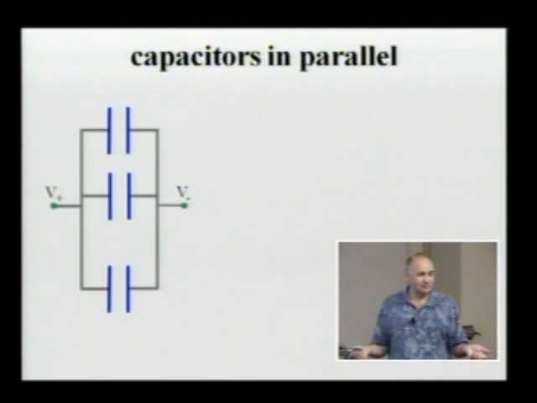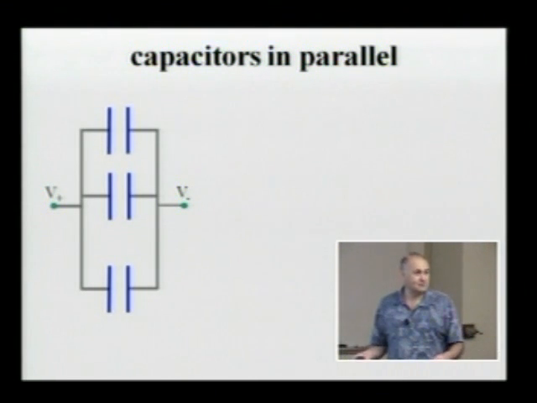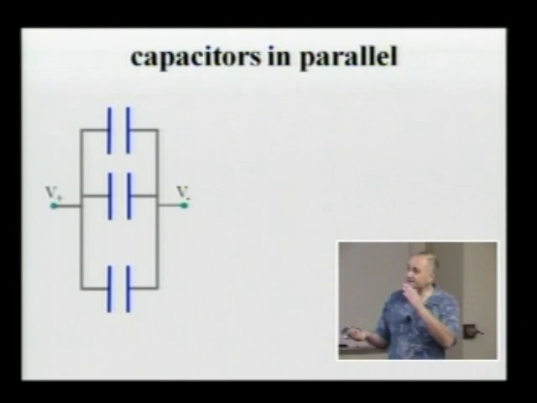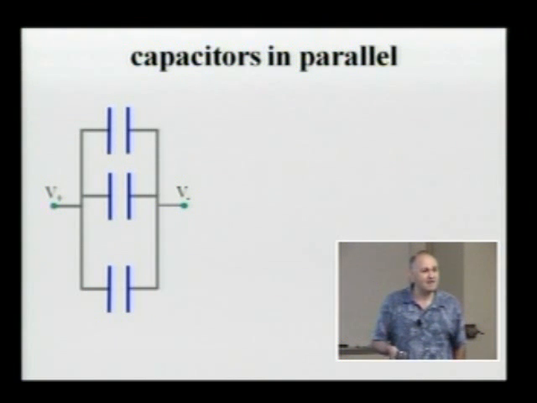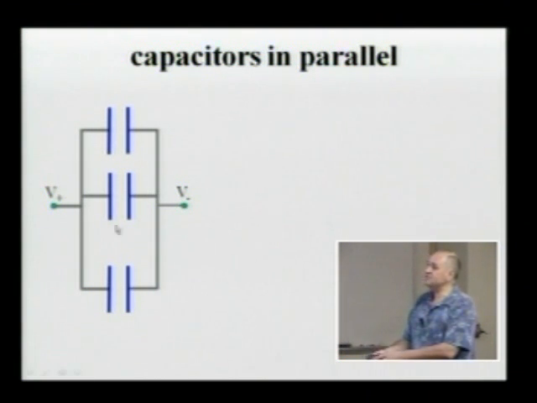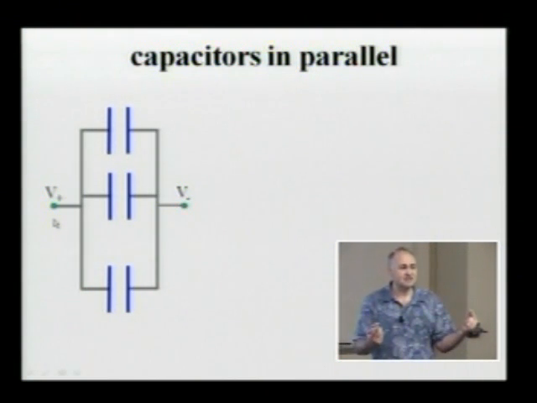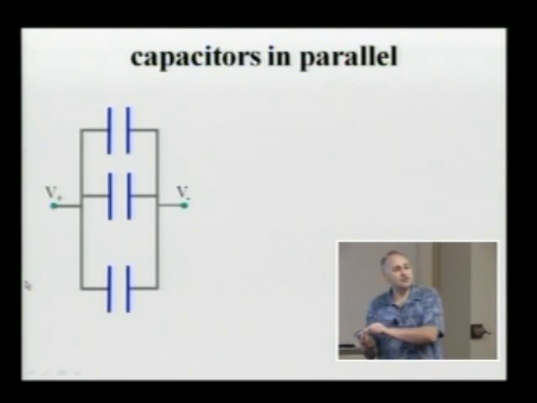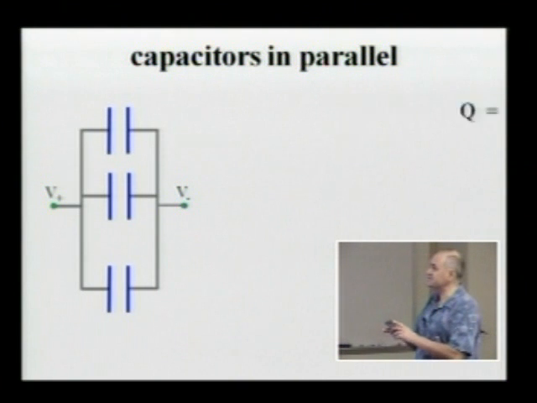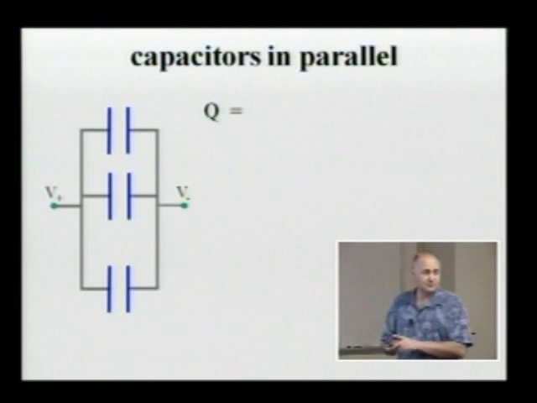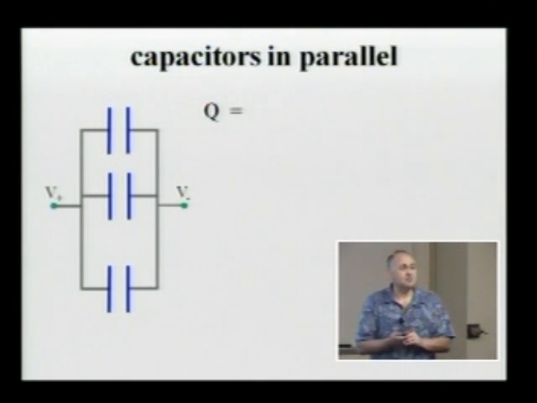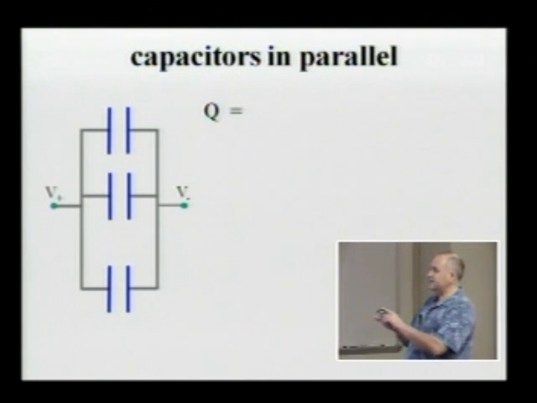In a capacitor, potential difference is always proportional to charge transferred from one side to the other side. So this is what we have to verify, that indeed this potential difference for the entire system is proportional to the charge transferred from one side of the system to the other side of the system.